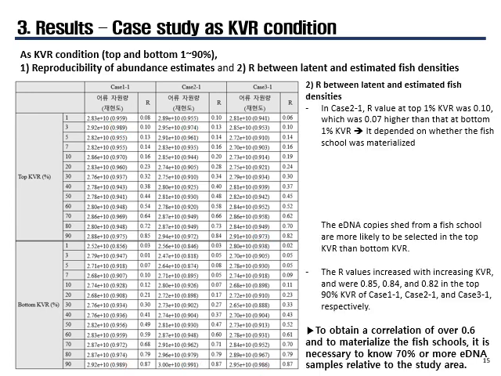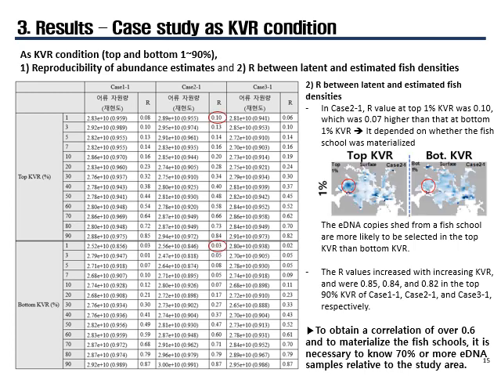And in the result of correlation coefficient, in case 2-1, the R value at top 1% cable was 0.1, which was 0.07 higher than that at bottom 1% cable. It depended on whether the pitch score was materialized or not.